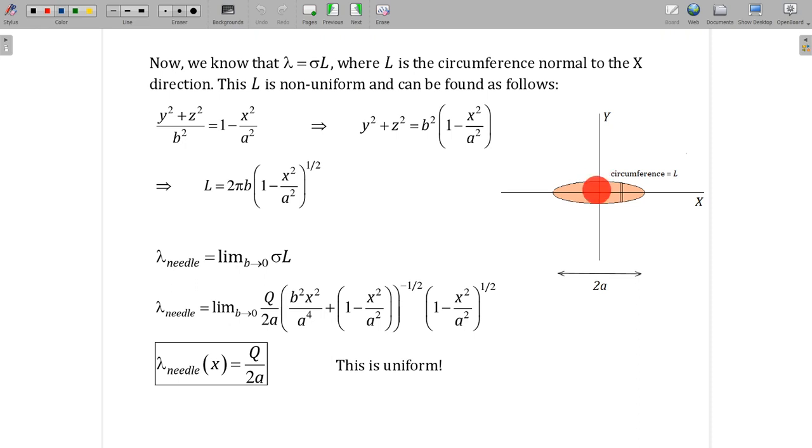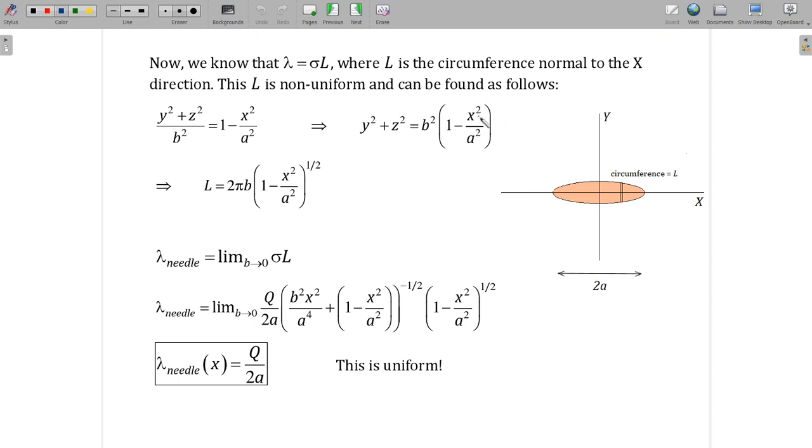So if I cut this object with the yz plane, I get a circle of radius b. If I put x equal to, let's say, a by 2, I get 3b square by 4, so the radius there is root 3b by 2. So for different values of x, you produce different circles, and the radius is different, right?